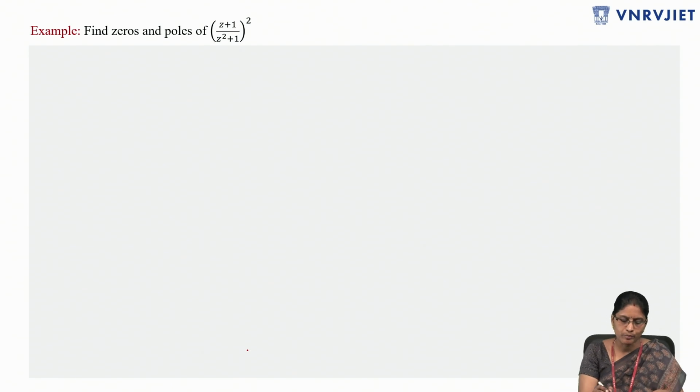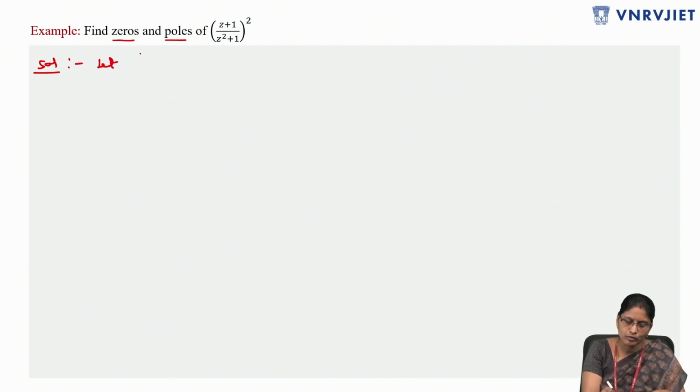See the example problem for clear understanding. Find zeros and poles of z plus 1 by z square plus 1 whole square. We have to find zeros and poles of the function f of z.